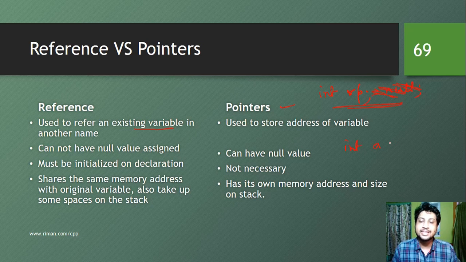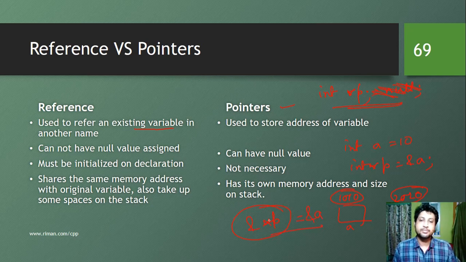If we have int a = 10 and int *p = &a, the address of a, say 1010, may not be equal to the address of p, say 2020. This is the address of p and this is the address of a. So the address of *p is equal to the address of a.